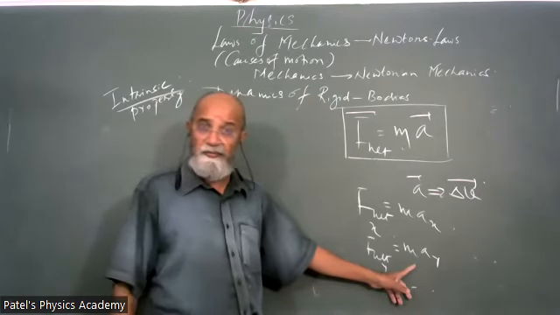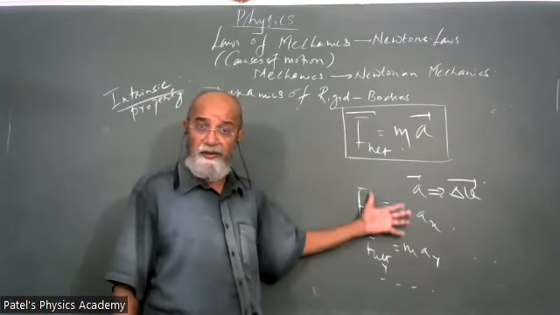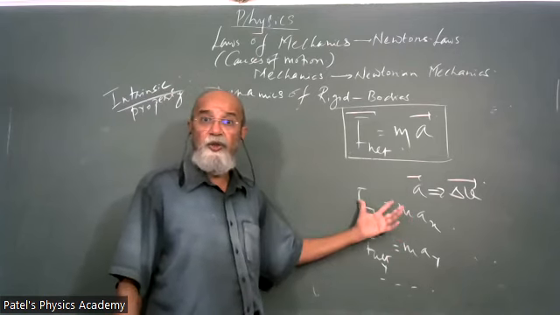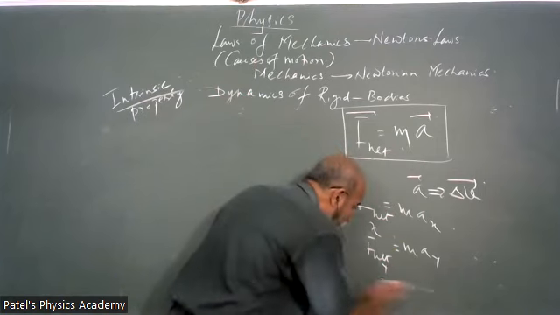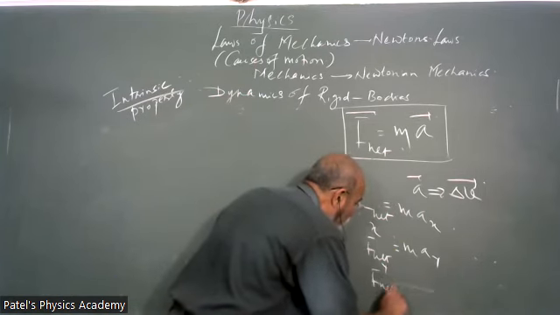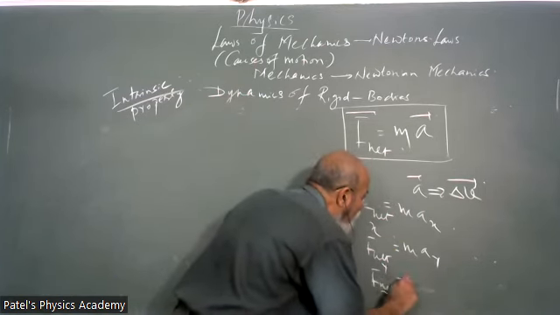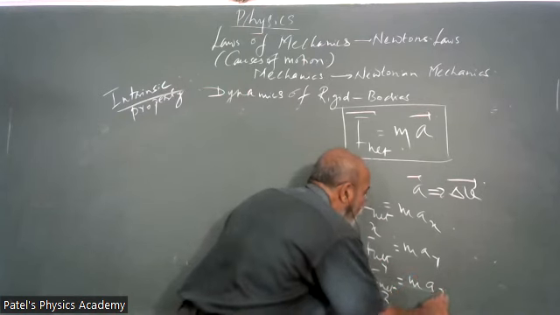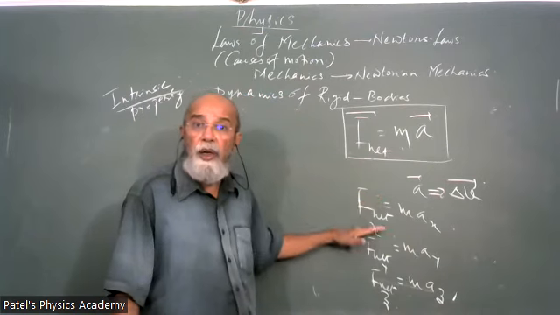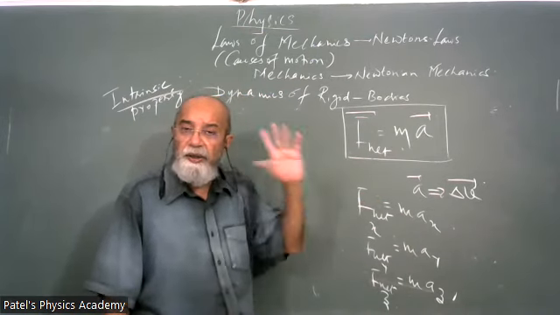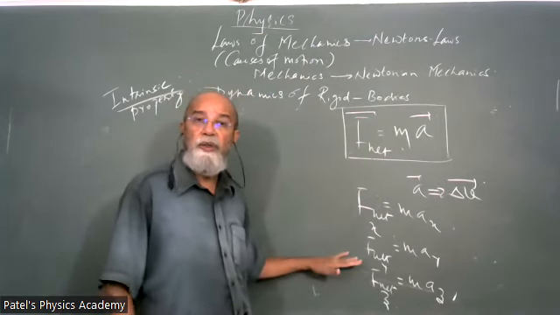Understand this: this equation is equal to 3 of these equations. Let me write down the number 3 also. F net z equals m into az. So when you write this, you remember that it is equal to these 3 equations.